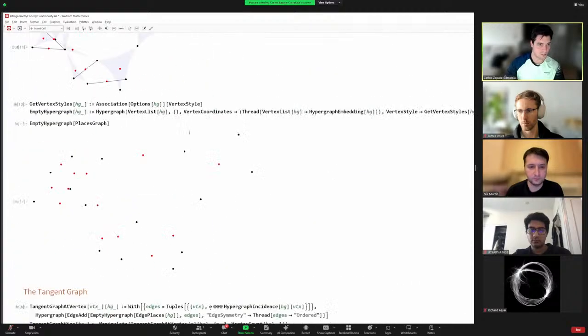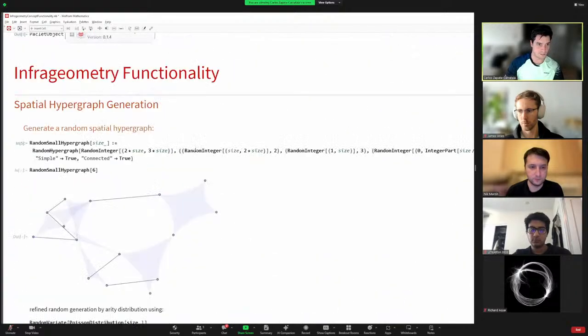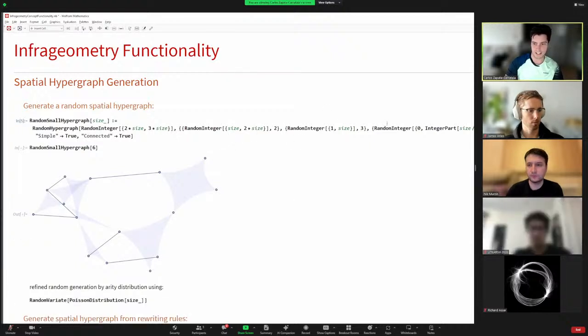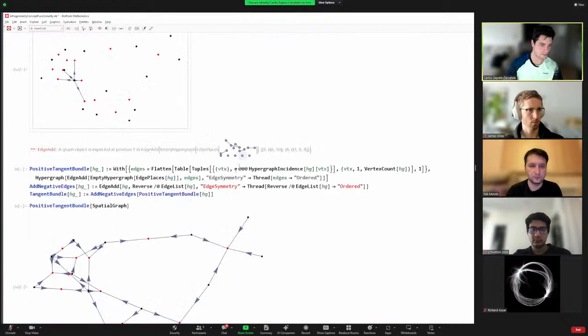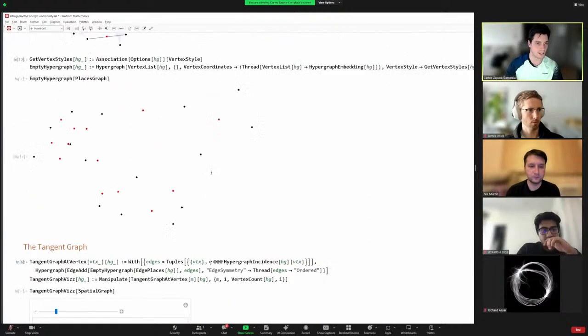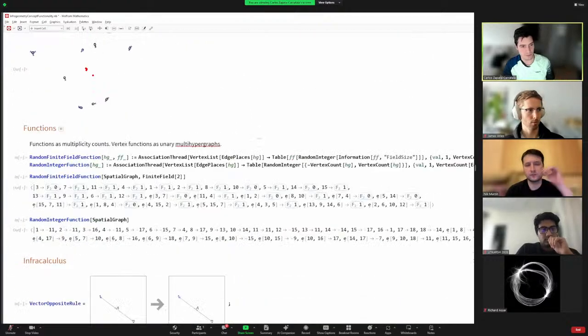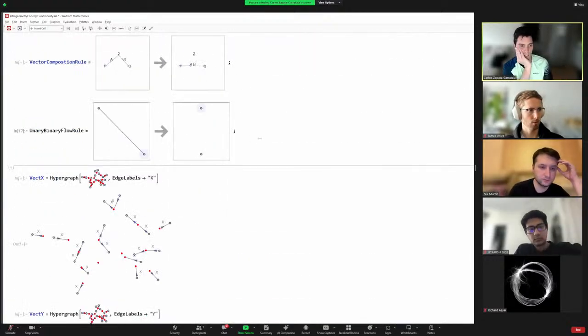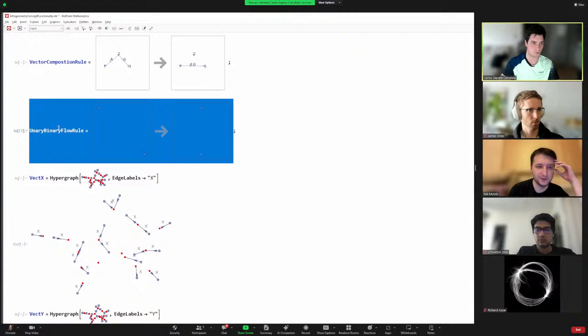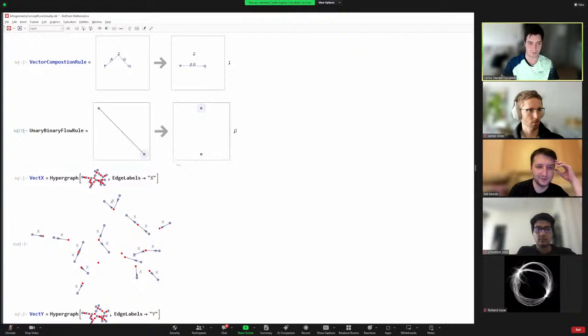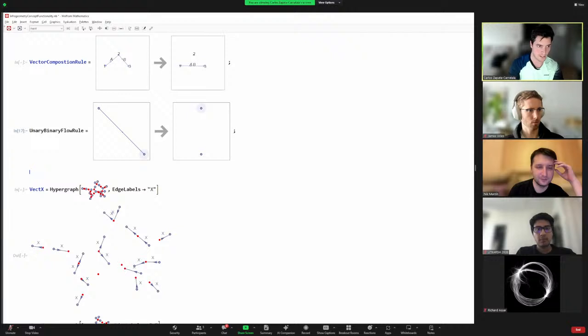I have this function here, the small hypergraph function, but that's just some by-hand hacking into the random hypergraph generation. I don't know if Nick, you want to do it yourself. So what is the idea? The idea is I have this rewrite rule. I think it'll be cool to just generate a hypergraph here. It's not so complicated.